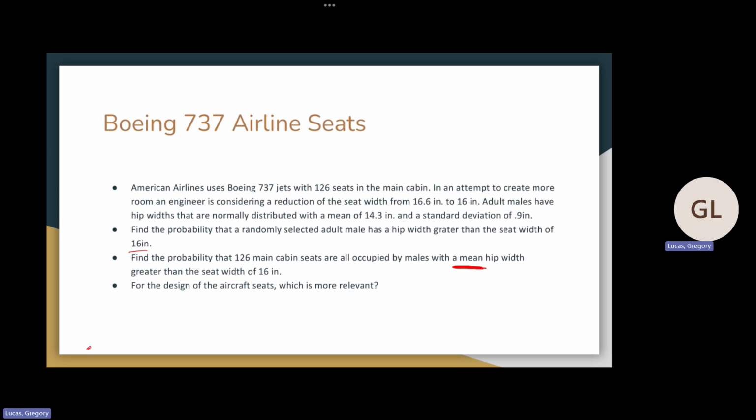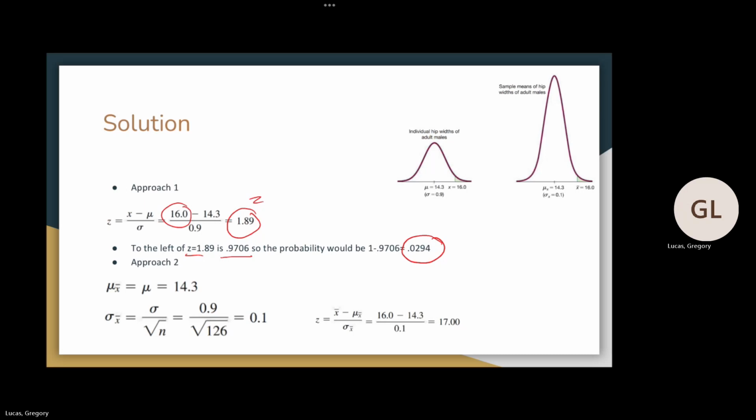So we're dealing with a sample mean hip width greater than 16 inches. So the difference here is we're given a mean. First one, individual value, here, mean. Okay. So we know that our mean from the question is still 14.3. We just changed the notation a little bit.